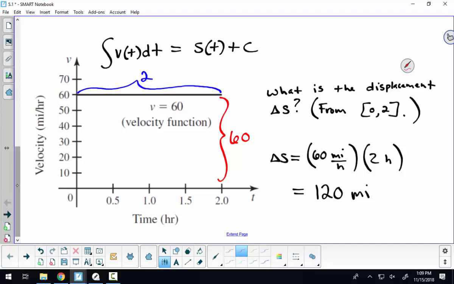The geometric or visual interpretation of the displacement here is simply the height times the length, the area of this rectangle. So if I look at this rectangle and compute the area, that is the displacement.